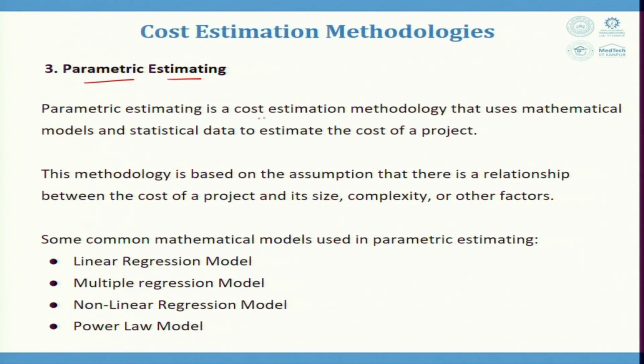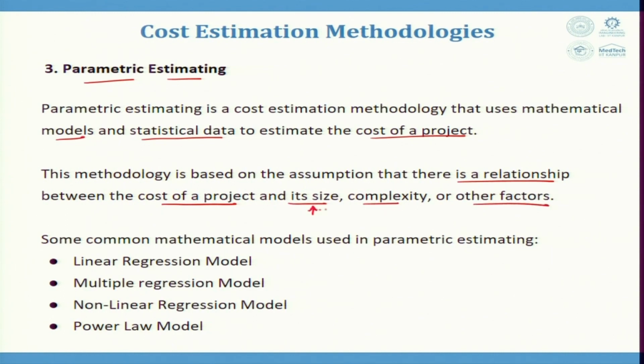Parametric estimating is a cost estimating methodology that uses mathematical models and statistical data to estimate the cost of a project. This methodology is based on the assumption that there is a relationship between the cost of a project and its size, complexity and other factors.